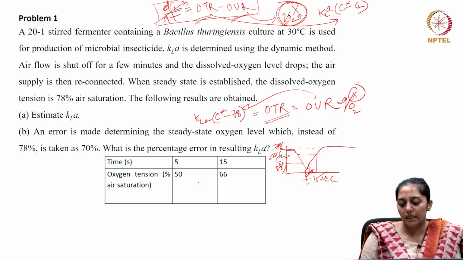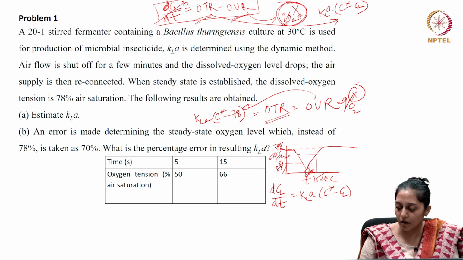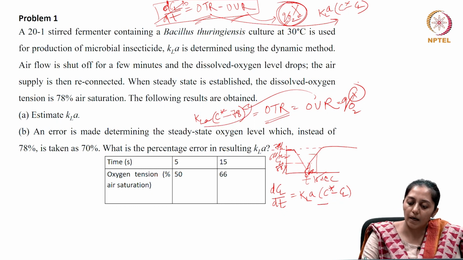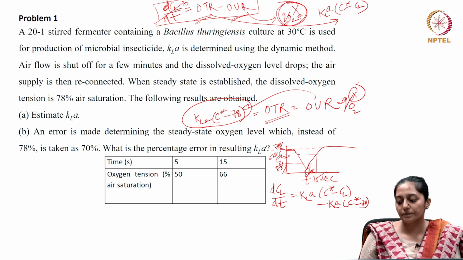Now, at any time point, dCl by dt can therefore be written as KLa multiplied by C star minus Cl, the bulk oxygen concentration at that time, minus QO2 x, which is OUR. Now, OUR can be substituted by KLa multiplied by C star minus 78, isn't it?